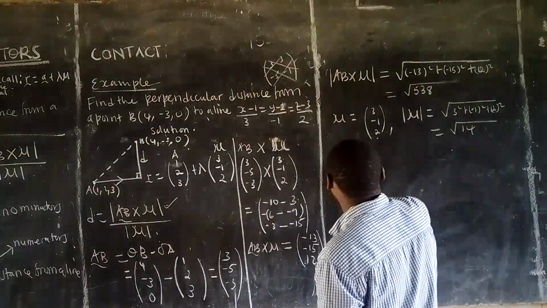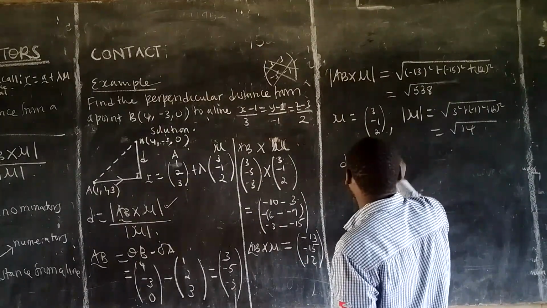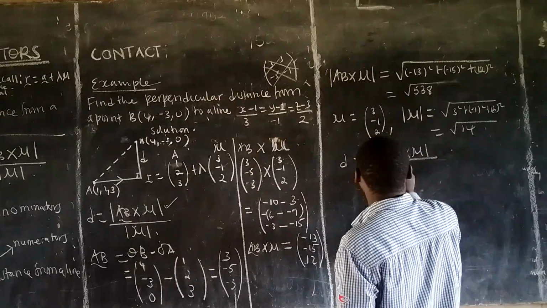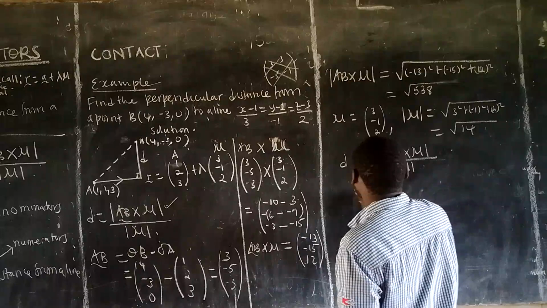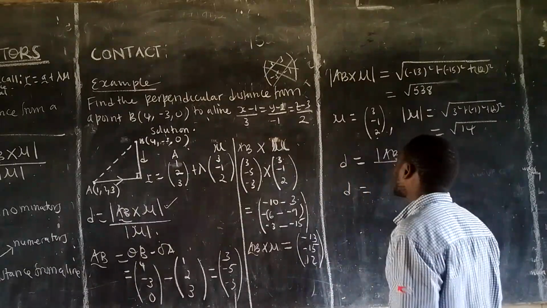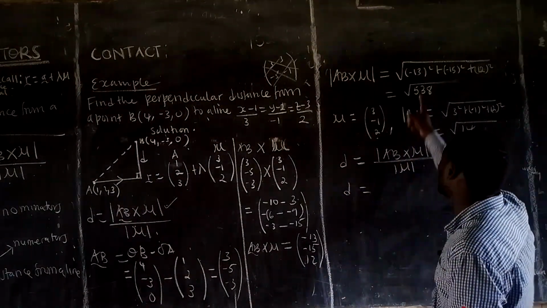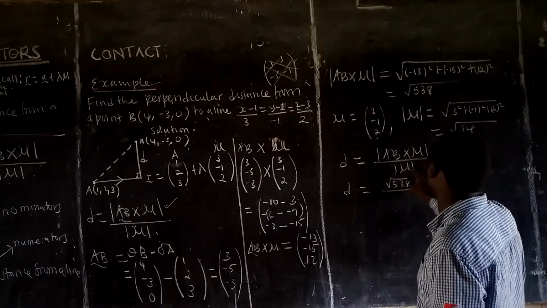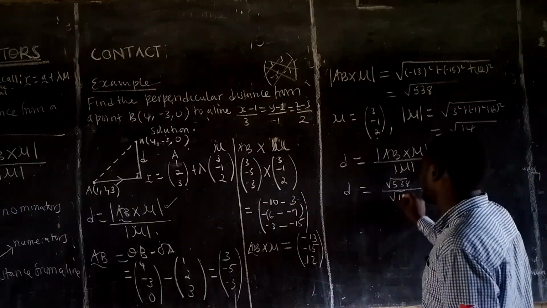Now we come and say, from your formula, the perpendicular distance D is equal to the magnitude of AB crossed with mu over the magnitude of mu. So now your D will be equal to this whole thing here, root 538, divided by this one here, root 14.